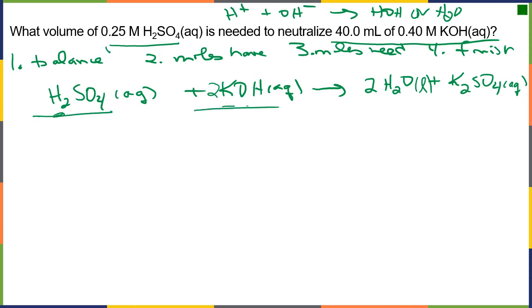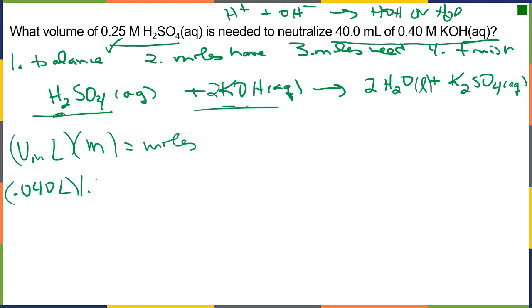So, 1, we've balanced. 2, moles of what we have. Well, we have potassium hydroxide. We know that volume in liters multiplied by molarity is equal to moles. So if we take 0.040 liters of 0.40 molar KOH, we're going to get moles of KOH, which is 0.016 mole of KOH.